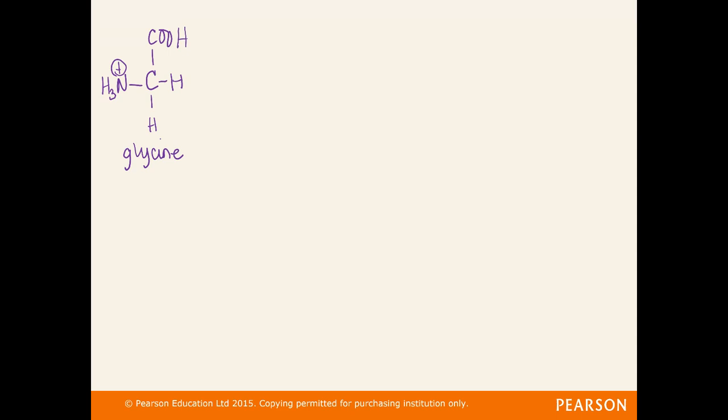So for glycine, this one is 2.34. And the amino one is 9.60. Okay, at the same time, I'm going to draw a little titration curve because we're going to draw it as we go along.